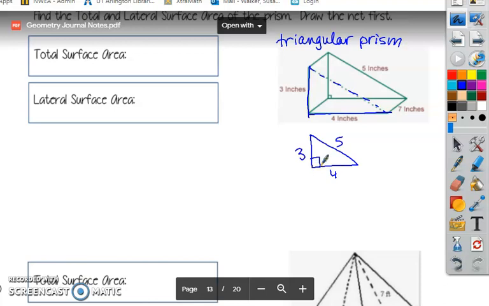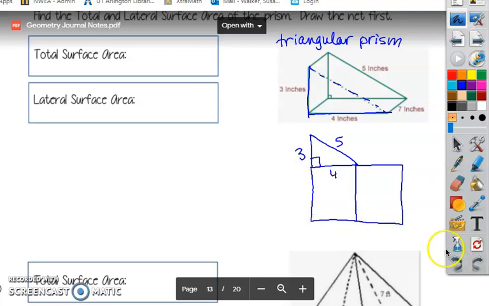Now, remember we have our rectangles. There is literally a rectangle off of each edge of the triangle. So we have this one, and then we have another one here, and then another one here.